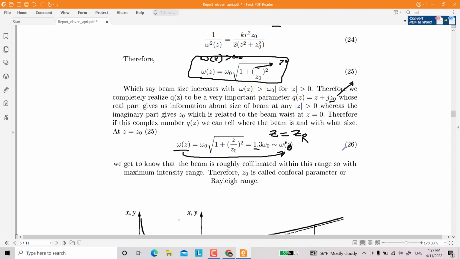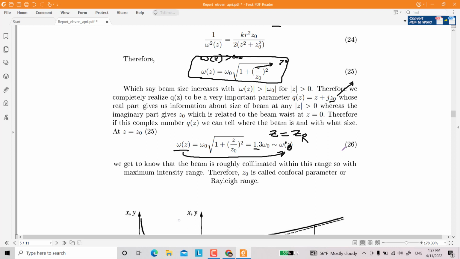So that is why we call it confocal parameter. It means if you go from z equals 0 to the left, which is z equals minus z naught, let's say, if we ignore the sign of the number z naught.